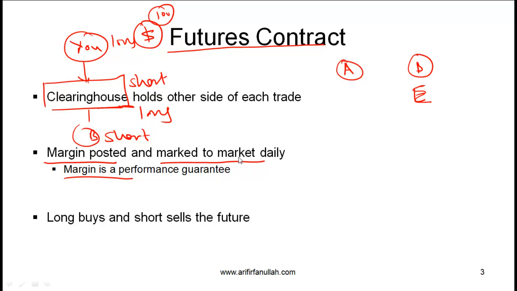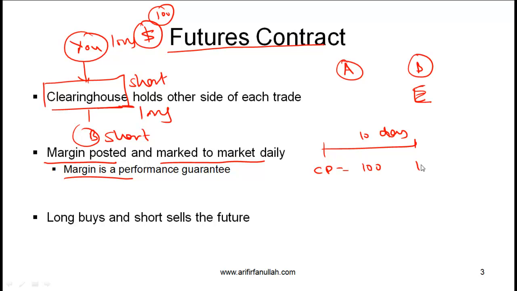So in a forward contract, if a forward contract is for 10 days, let's look at this case. Let's say in a forward contract you entered the contract with a contract price equal to 100, and let's say that at expiry the underlying is worth 110.